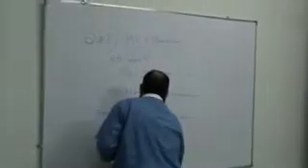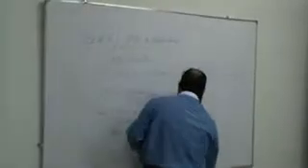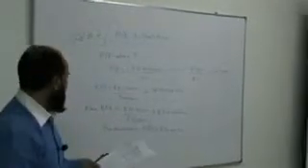So price per share is equal to 10 times 5, which is $50 per share. After 1 year, we can anticipate that the price of the share will be $50 per share.